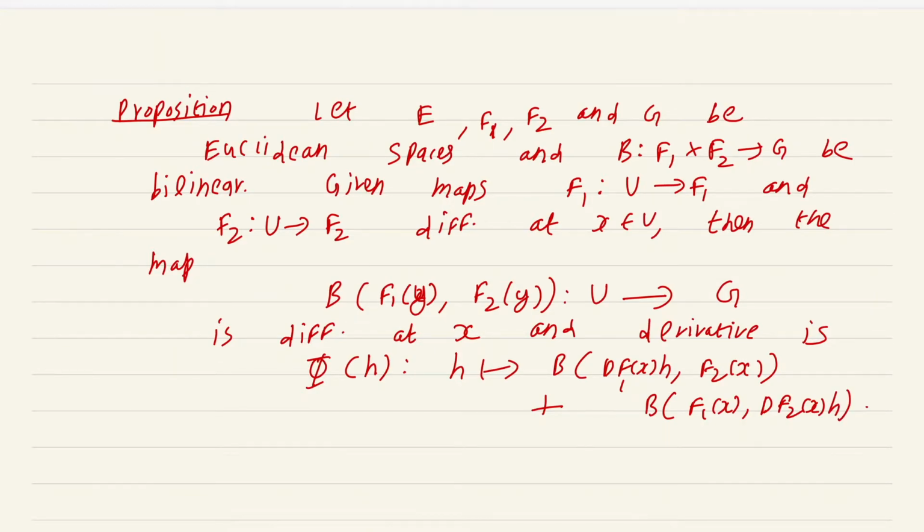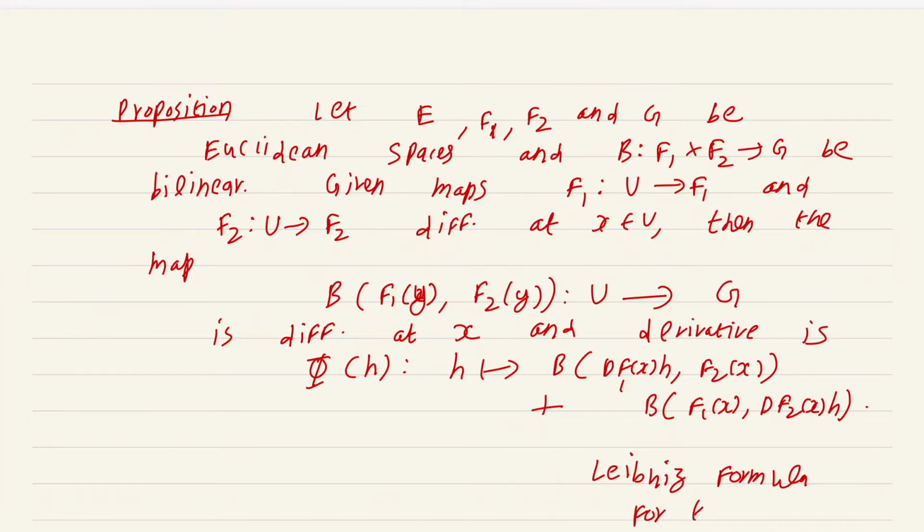Okay. So this might look a bit surprising, but if you think about it, this whole thing is nothing but the standard Leibniz formula for the product. Think about this for a while, why this is the standard Leibniz formula for the product.